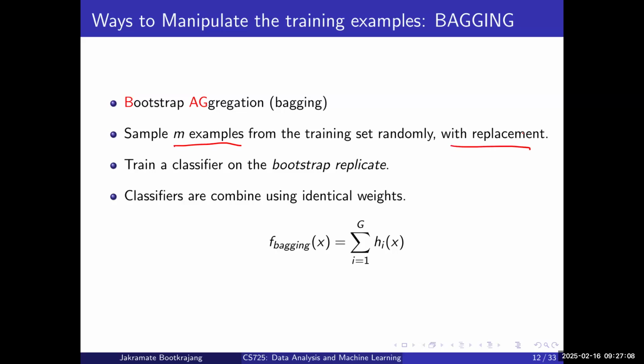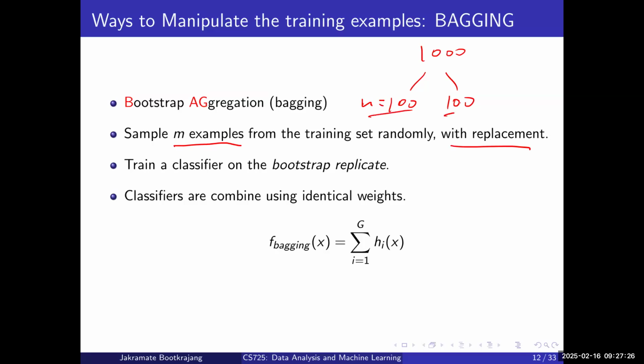So what do I mean by replacement? Replacement means that, let's say you have 1,000 examples and you take 100, and 100 again, two times, m equal to 100.